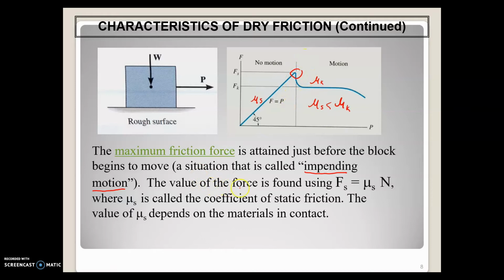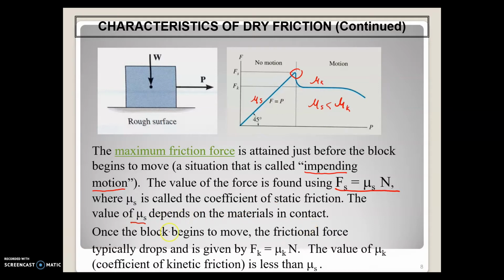The value of the force is found using Fs equal to mu s N, di mana Fs is static friction, mu s is coefficient of static friction, N is normal force. This mu s depends on the material in contact.